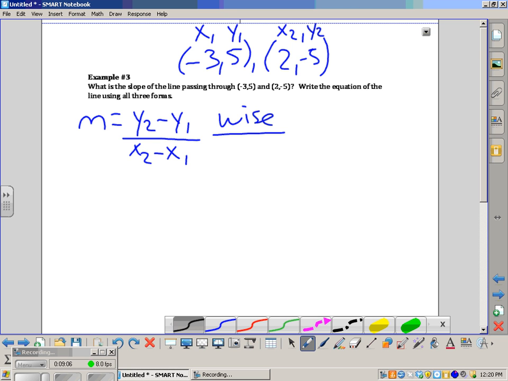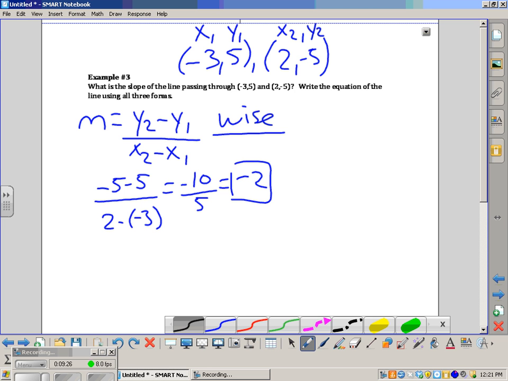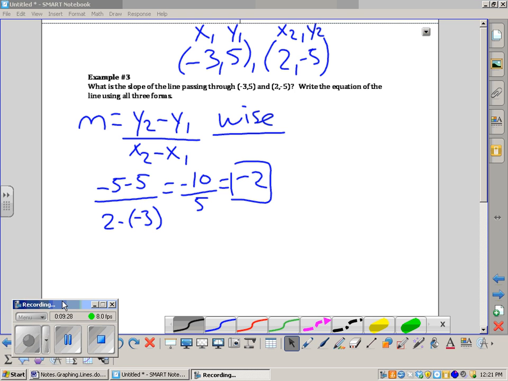So y's over x. Okay, so it would appear -2 is my slope.